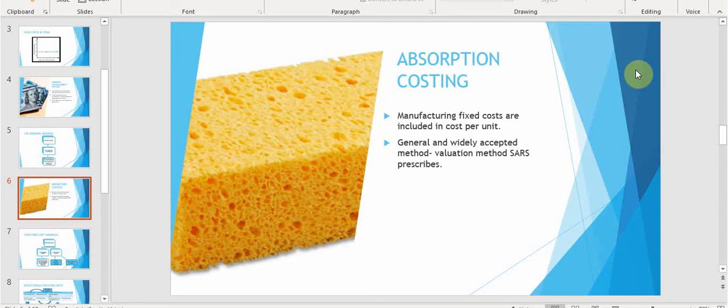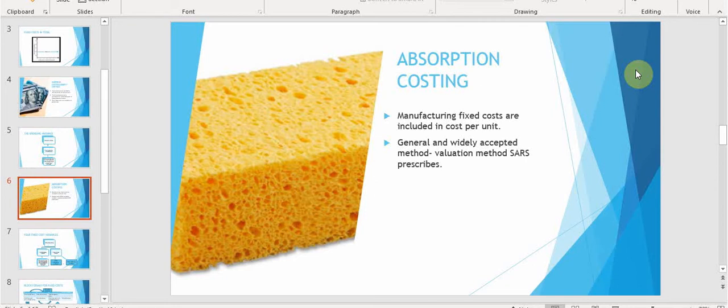And generally, this is the most widely accepted method in calculating cost per unit because that is the valuation method that SARS prescribes. If you opt to do marginal costing in your business, which you could do, you must take into account in terms of IAS 2, there will be differences in tax, and therefore you will have a situation where there is a deferred tax and an income tax effect.